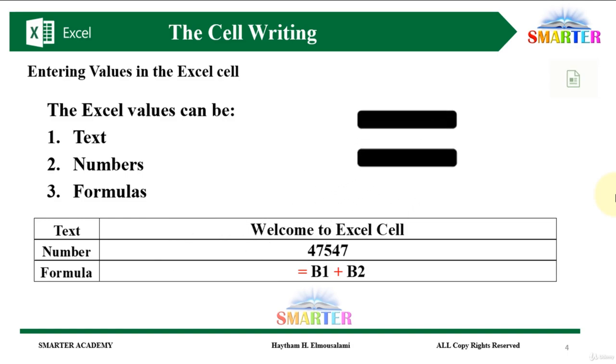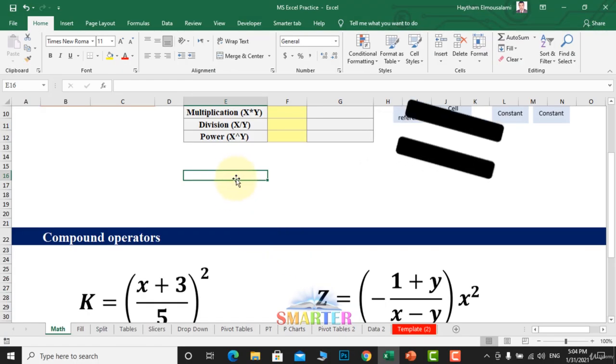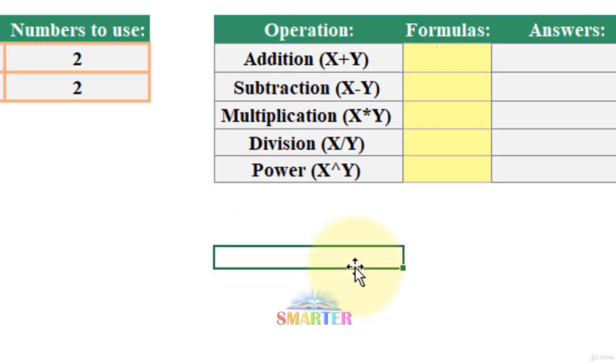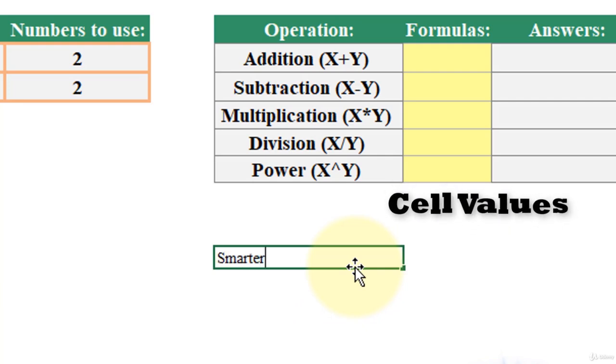Let's get practical. Here, this is Microsoft Excel, and I want to write something. You can write text, such as Smarter Excel. This is a text, okay?